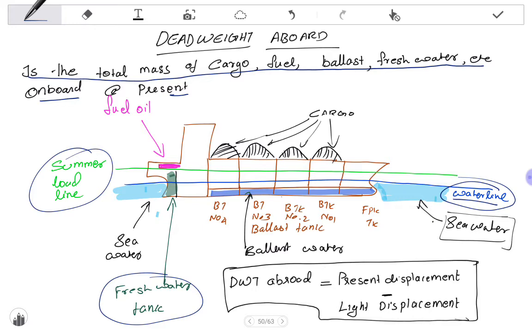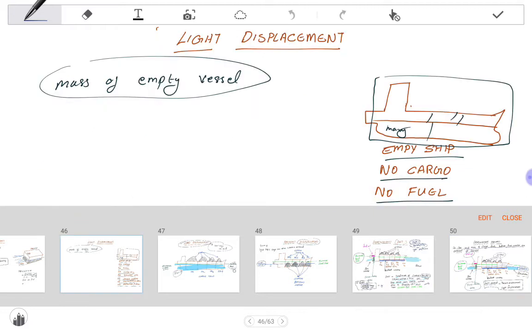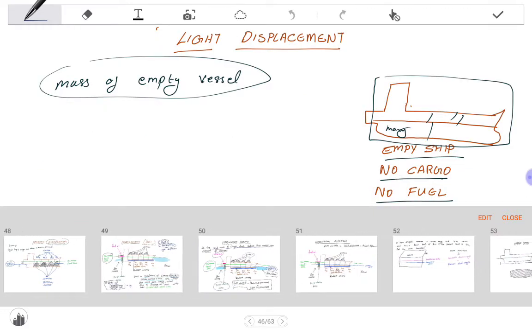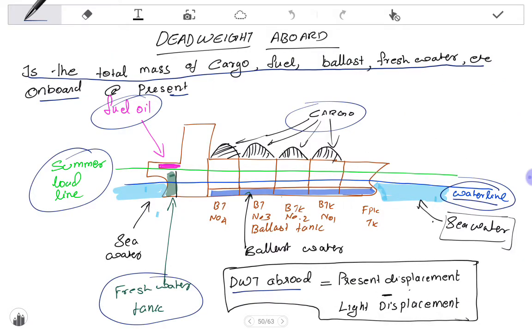So the total weight of all the cargo, fuel oil, ballast water and fresh water, everything on board at the present draft, is called dead weight aboard. So dead weight aboard is the present displacement minus light displacement. We discussed present displacement and light displacement earlier, so subtracting those two, we will get the dead weight aboard.